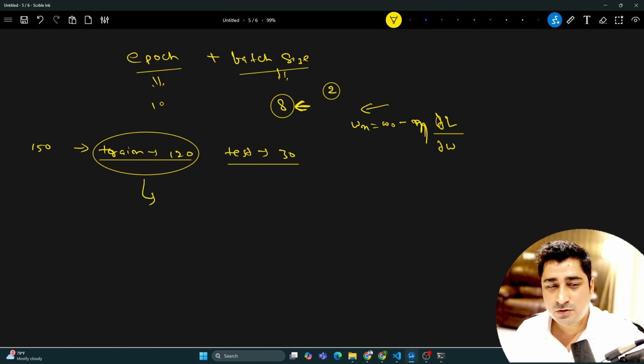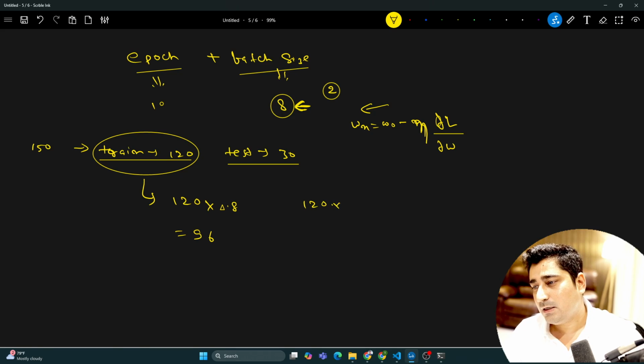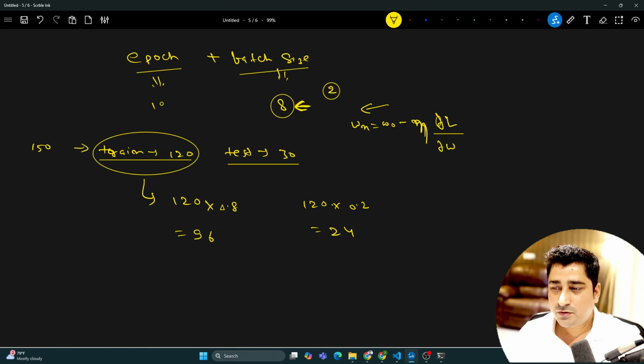So out of this 120, 80% is 96 and 20% is 24. So 96 data will be used for training and 24 data will be used for validation during training.